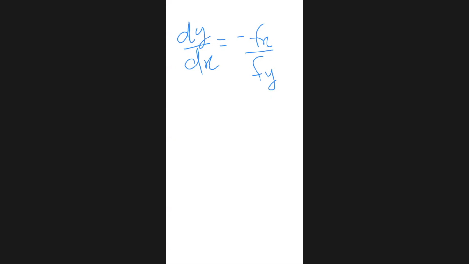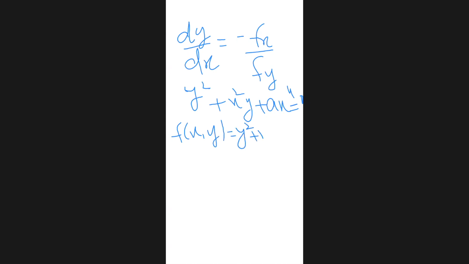आपके पास पहला सवाल है, 42 क्वेश्चन कर रही हूँ: y squared, x squared y plus a x raised to the power 4 is equal to 0. You will write all of these, f(x, y) will be equal to y squared x squared y plus a x to the power 4.